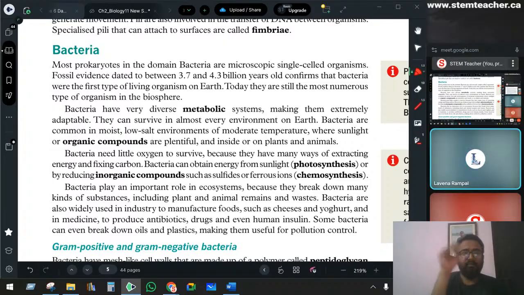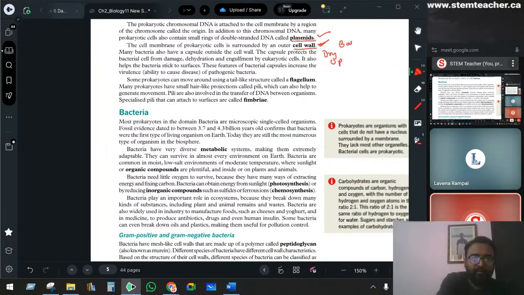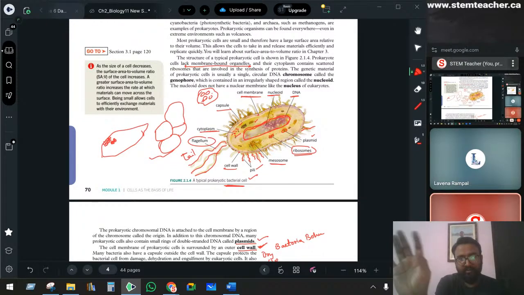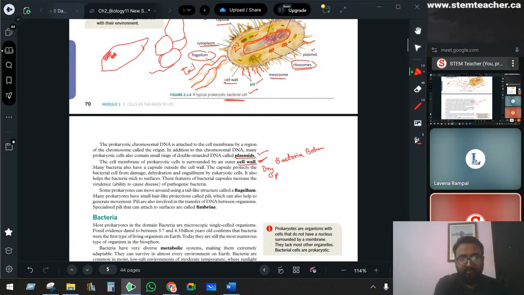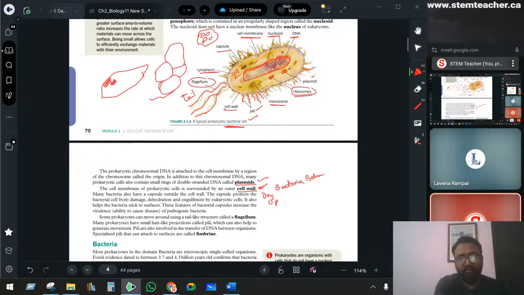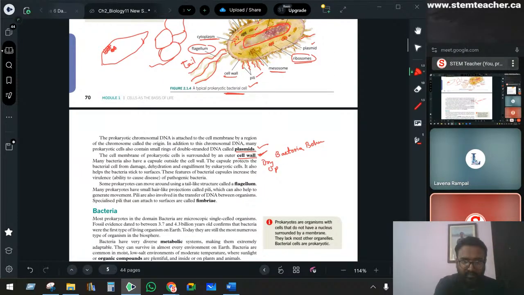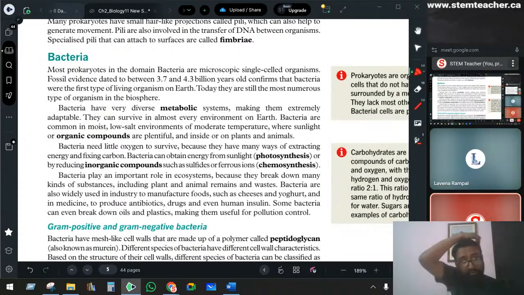So it is single-celled organisms. He has given the general structure of a prokaryotic bacteria cell. He is giving one bacteria cell because it is prokaryotic, but there are several other examples.